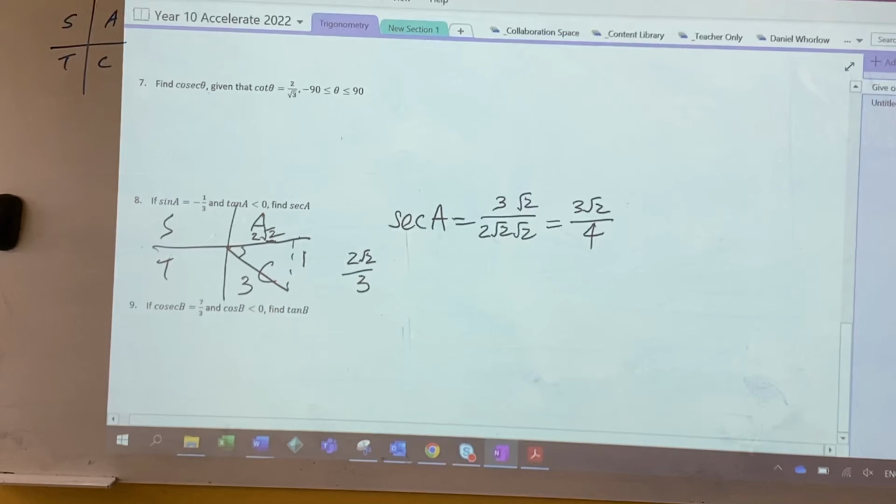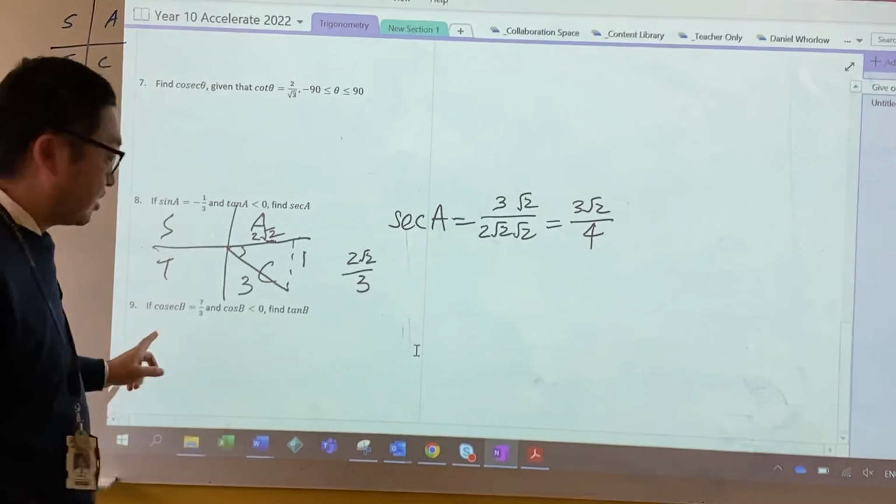Then have a double check. In the fourth quadrant, cos is positive. Yes. Therefore, sec is also positive. Then you're done. Make sense?